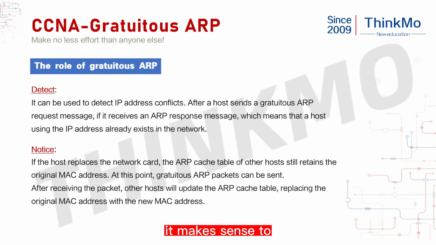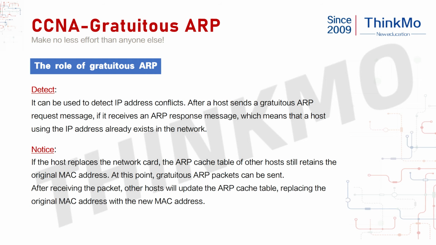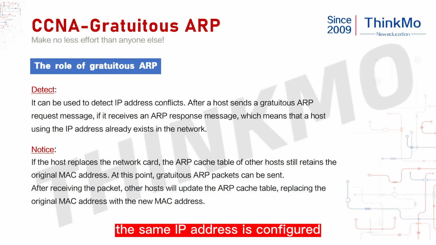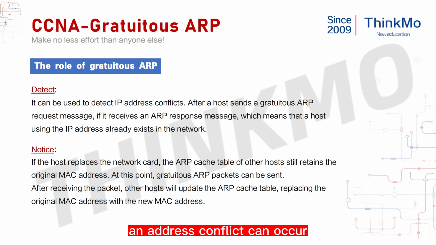It makes sense to detect address conflicts first. For example, in a local area network or the entire network, two hosts may be configured with the same IP address. At this point, an address conflict can occur.